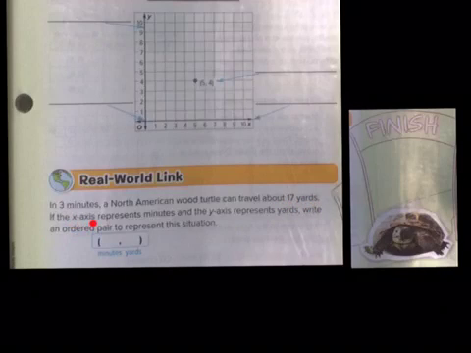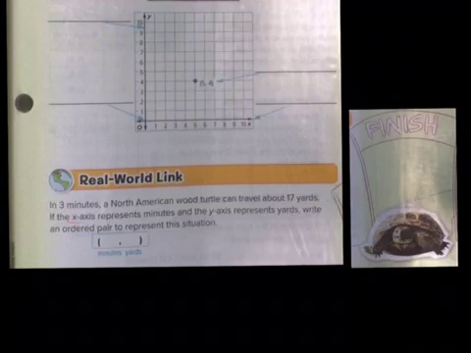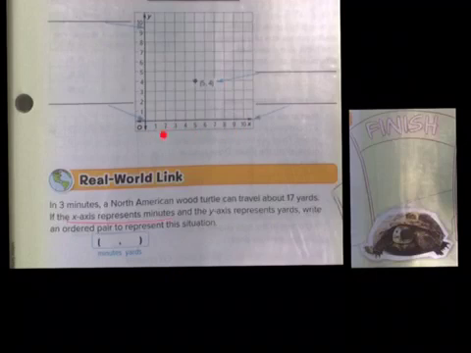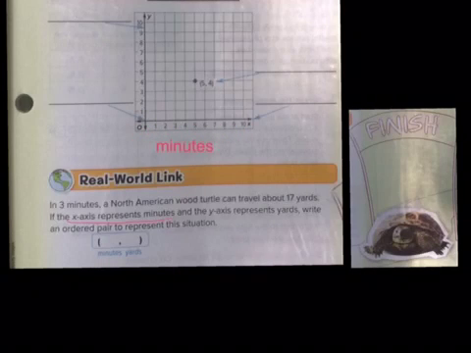The x-axis represents the minutes. So right here we have the minutes, the x-axis. It's always good to label it, so go ahead and label that. You can write minutes right there. Alright, and the y-axis represents the yards.